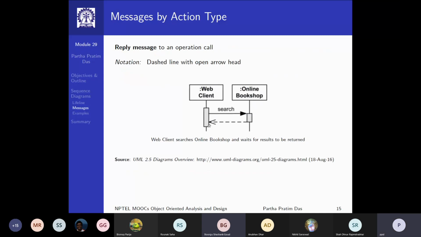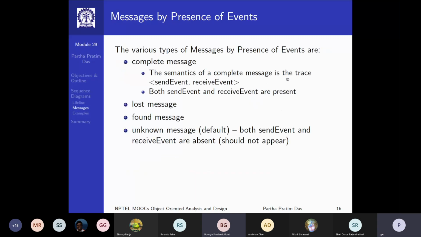That is a reply message. And that again is asynchronous from the perspective of the online bookshop. That is, after sending this, the online bookshop continues doing whatever it was doing. It does not wait again for your response to that. So it has got a request, it has responded to that. Right? So these are the simple interactions.